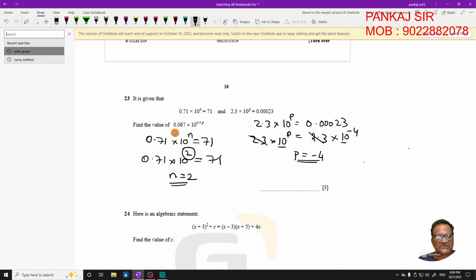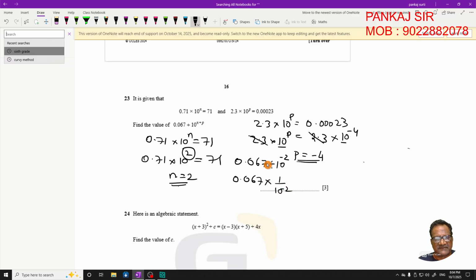Now we can handle this question: 0.067 divided by 10 raised to n plus p. So n plus p means n is 2 and p is minus 4, so 2 plus minus 4 will be minus 2. Basically this calculation I have to do now: 0.067 into 1 upon 10 raised to minus 2.